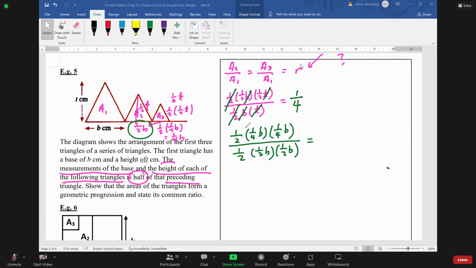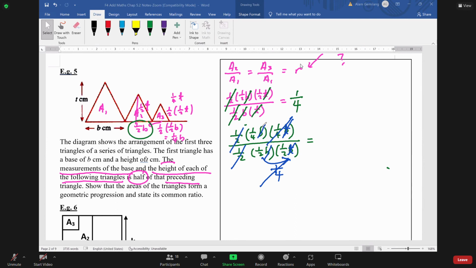So what is this? Okay, now this one, simplify, cancel B. Sorry, this is T. Cancel the T. So this times this is actually 1 over 4, right? So cancel one of the 4s. That's left.